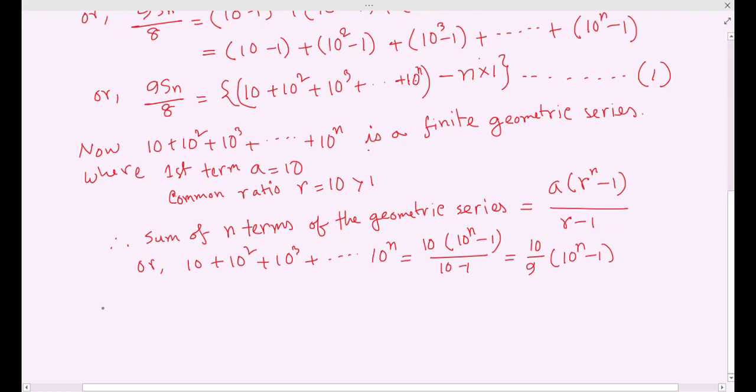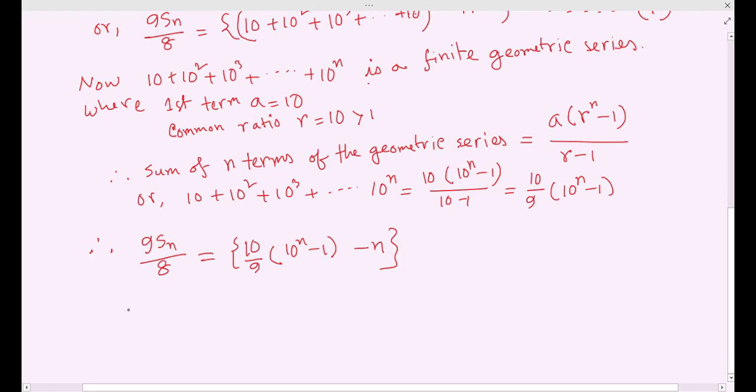Now, therefore, 9Sn by 8 is equal to 10 by 9 into 10 to the power n minus 1, minus n. So Sn is equal to 8 by 9 into 10 by 9 into 10 to the power n minus 1, minus 8n by 9.